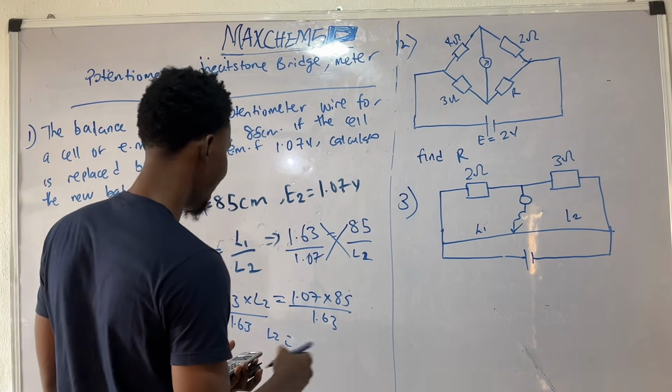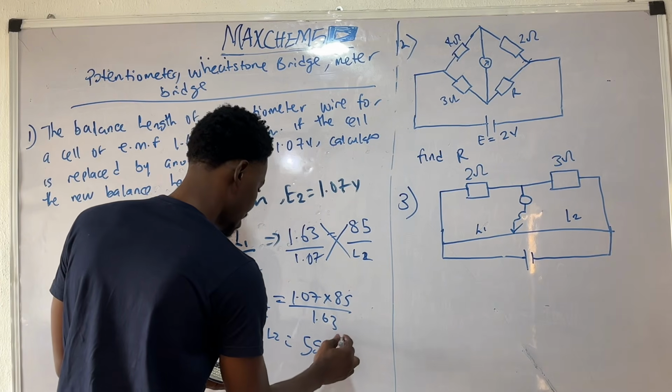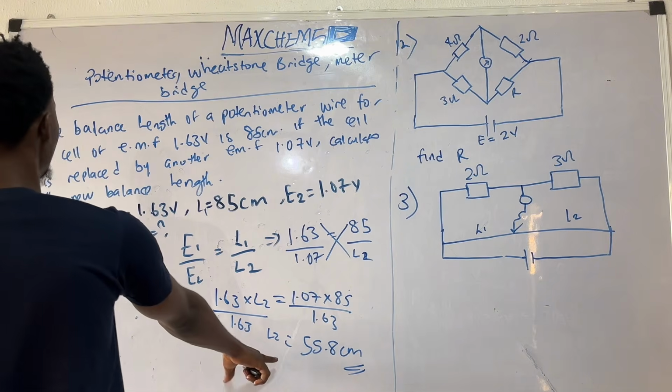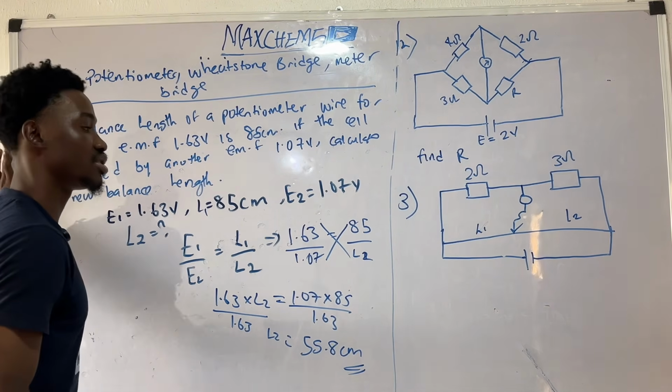So I have my L2 to be 55.8 centimeter approximately. So this is the new balanced length of this potentiometer.